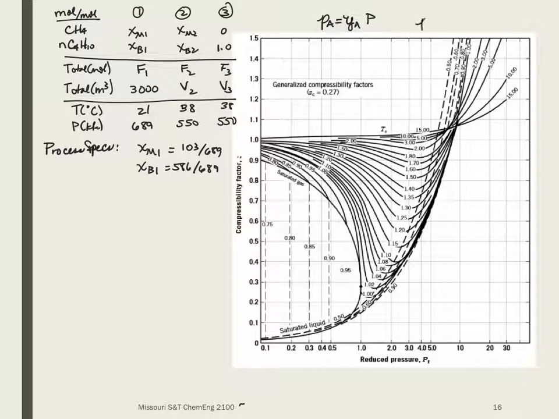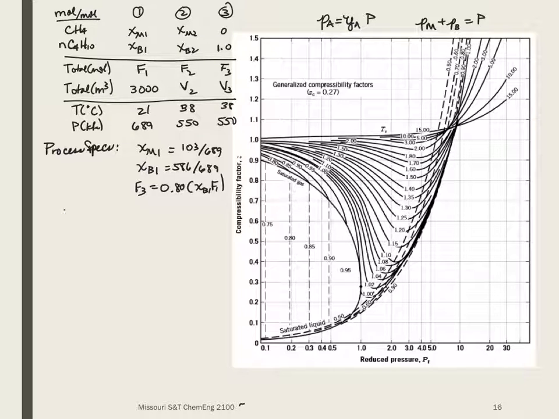I also know that PM plus PB equals the total pressure for any particular stream. I also know that 80% of the butane will be removed. So F3 is going to be 80% of the amount that came in, XB1 times F1.